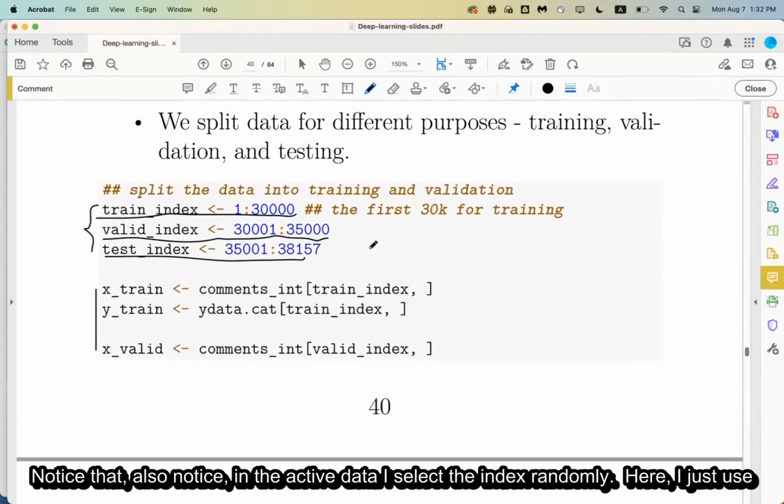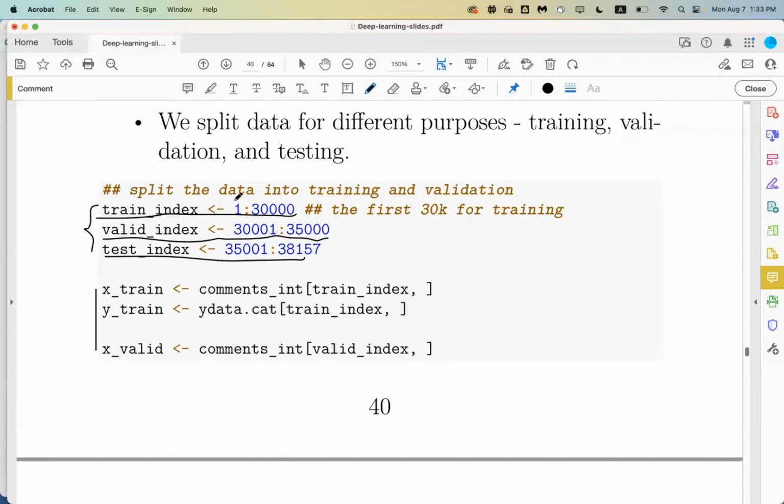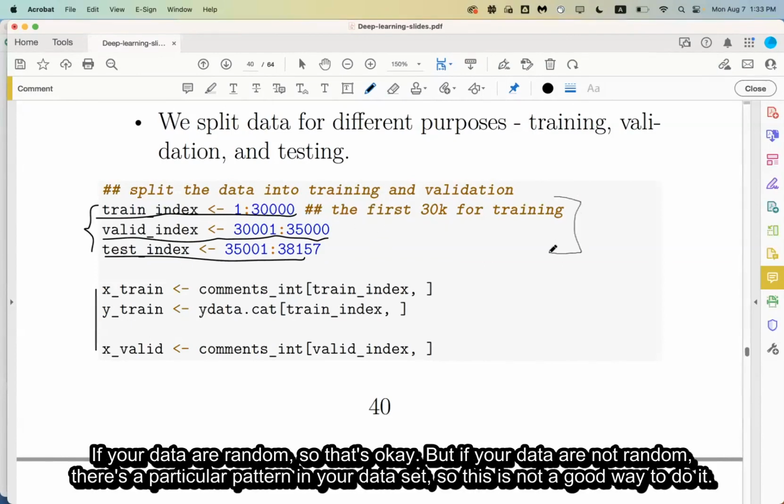Notice that in the previous data, I selected the index randomly. Here, I just use consecutive indices. If your data are random, that's okay. But if your data are not random, and there's a particular pattern in your data set, this is not a good way to do it.